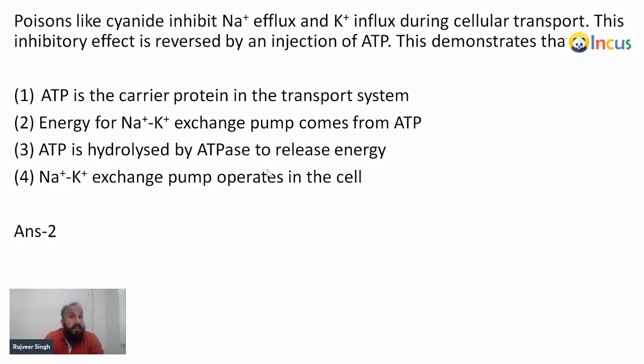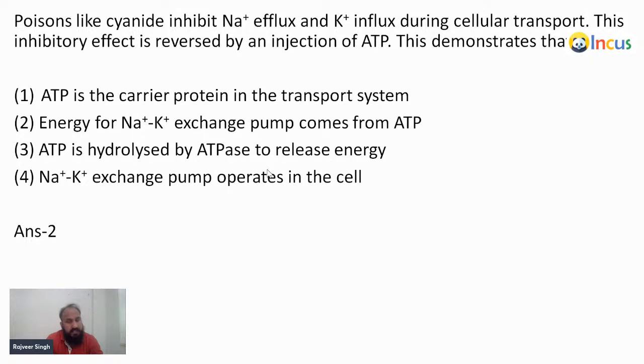Poisons like cyanide inhibit sodium efflux and potassium influx during cellular transport. This inhibitory effect is reversed by an injection of ATP. This demonstrates what? ATP is a carrier protein in the transport system? Absolutely wrong. The energy of the sodium potassium exchange pump comes from ATP.